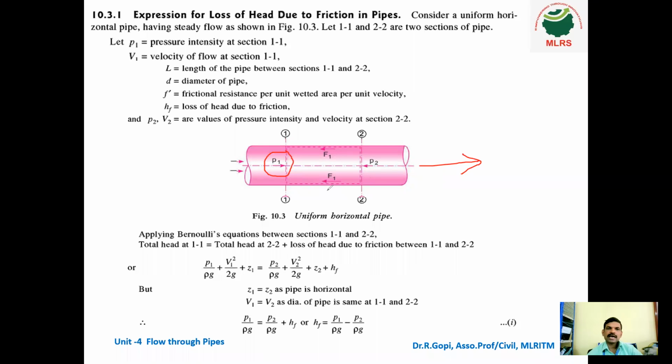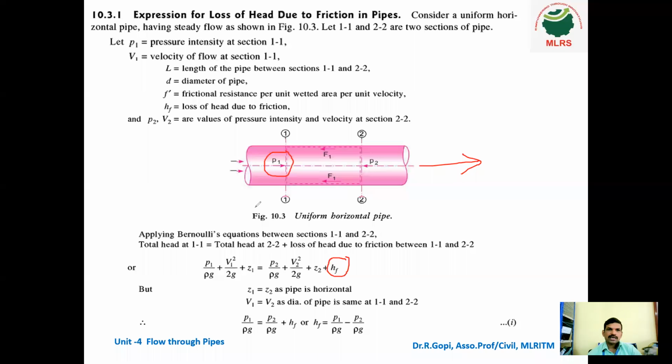That head loss is equal to HF. So P1 by rho G plus V1 square by 2G plus Z1 equals P2 by rho G plus V2 square by 2G plus Z2 plus HF. HF is the head loss due to friction.